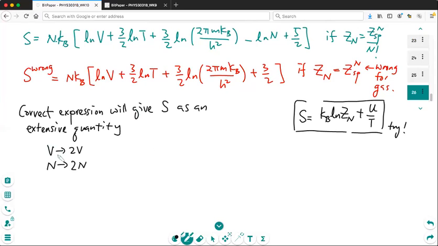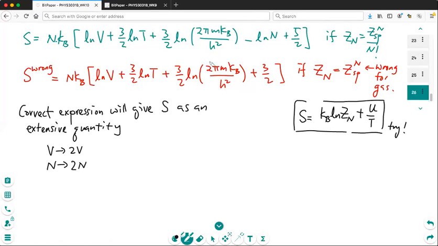And look at this: V goes to 2V, n goes to 2n, then you have this log 2 here and this log 2 here, they will cancel. So everything in the square bracket is well controlled. And you get the doubling of the entropy by this n here. This n becomes 2n, so the new S becomes twice the original S. And the rest are intensive. This T doesn't change, and this constant doesn't change.